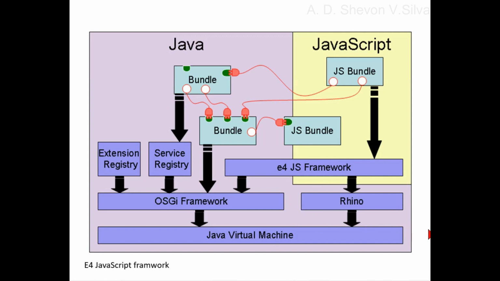It is responsible for parsing the manifest of JavaScript bundles and performing resolution of dependencies between JavaScript bundles. The OSGi framework has no knowledge of JavaScript bundles or their dependencies. The JavaScript framework essentially runs as a complete nested framework within an OSGi instance.